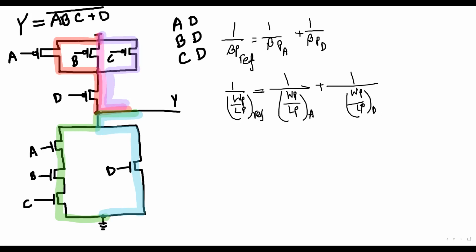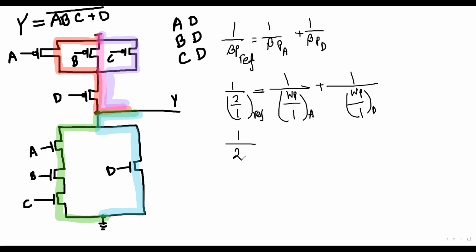For D. Now your L all equal 1, 1, and 1. So I'm going to write 1, 1, and 1. So this all 1 will go at the top. So you will have, oh, by the way, this value is also 2 because the reference value is 2, right? For P MOSFET, it is 2.